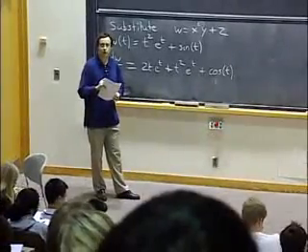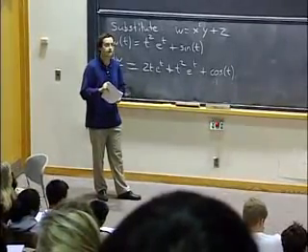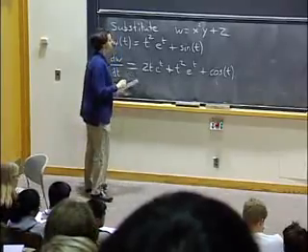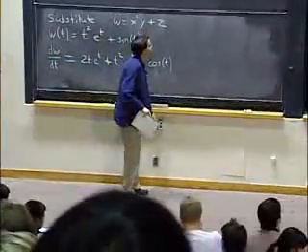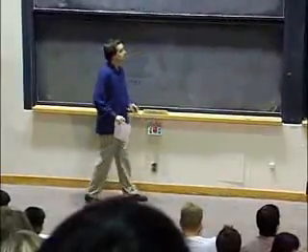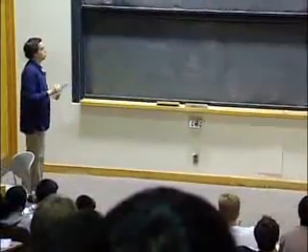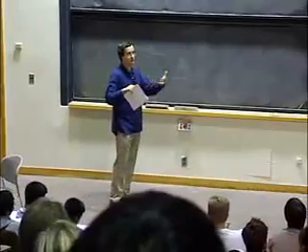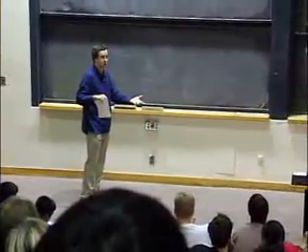Any other questions? No? Okay. So here's an application of what we've seen. Let's say that you want to understand all these rules about taking derivatives in single variable calculus.